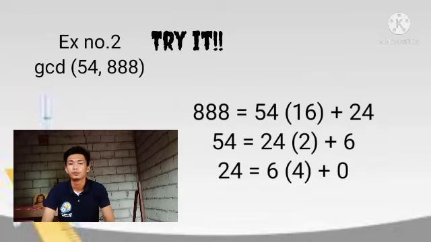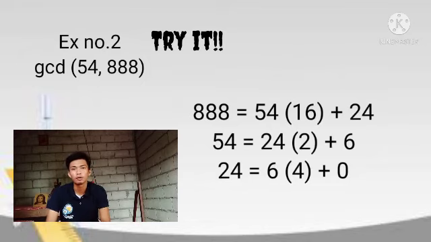Let's continue. 6 is the remainder. 6 will become the divisor, and 24 will become the dividend. So let's divide again. 24 divided by 6 is equal to 4. 4 times 6 is equal to 24.